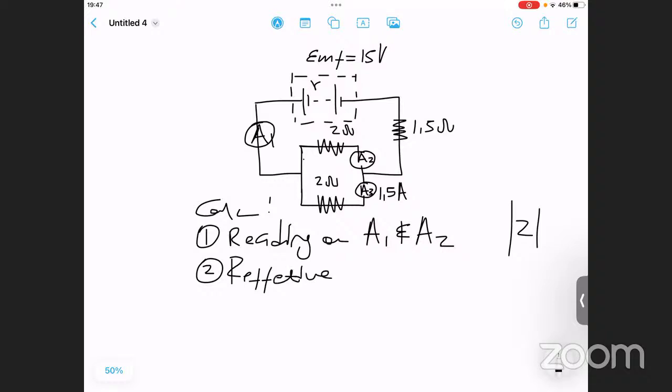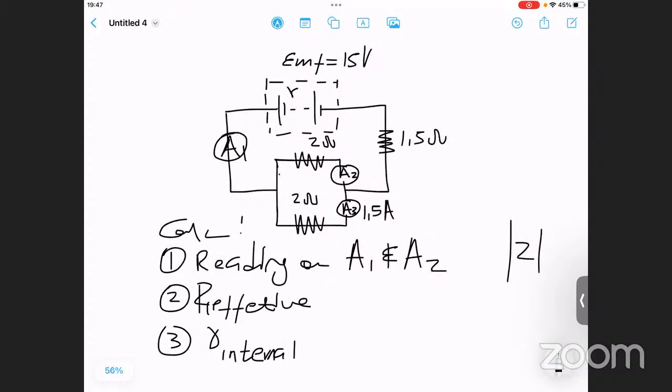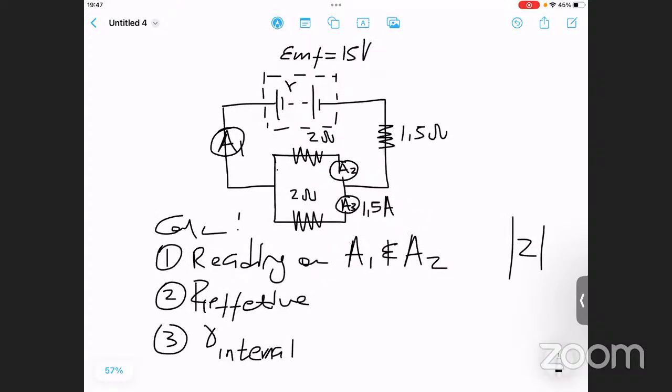The last question will be small letter r, meaning r internal. These are the questions that you will need to attend to. So let me just verify for the last time. For you to calculate that one and that one, we'll give you 4 marks for that one. And then for this one, we'll just give you 3 marks.